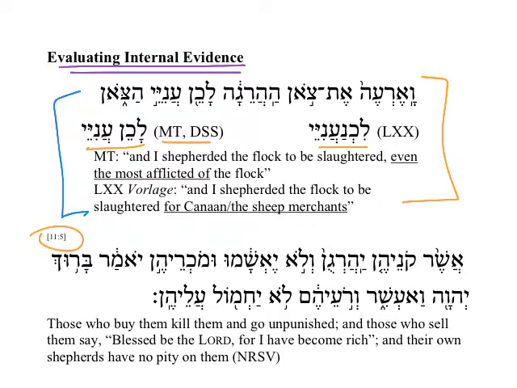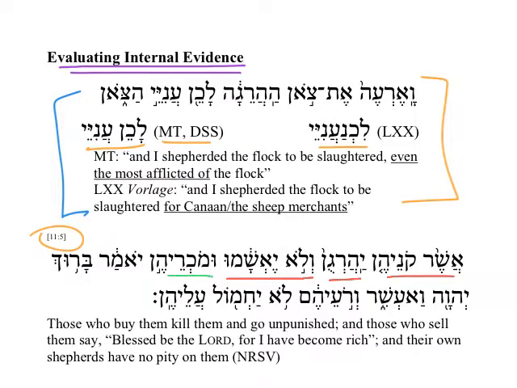One of the things to take note of is in verse 5, a couple of verses before. Verse 5 talks about the ones who acquire them, they kill them, and they are not punished.